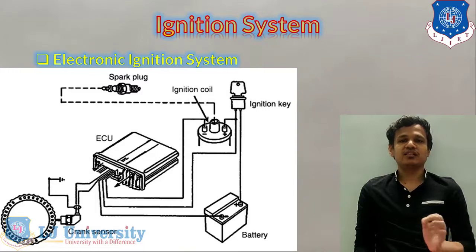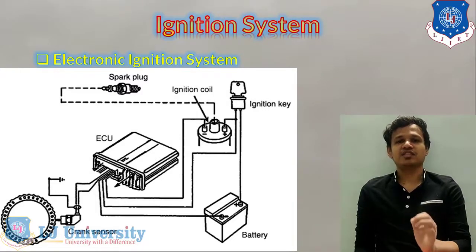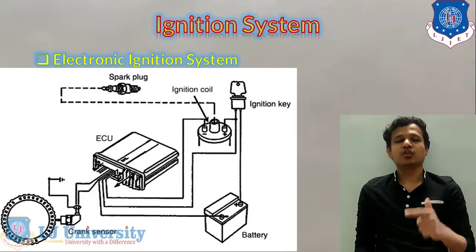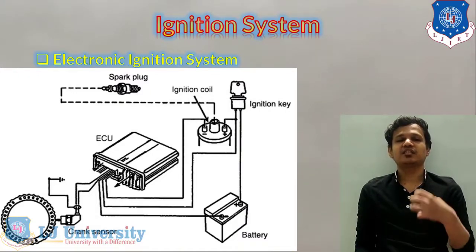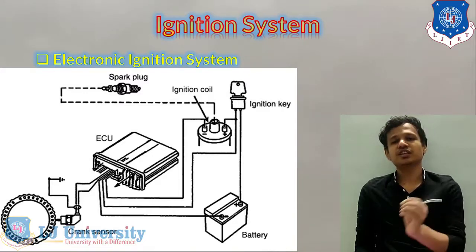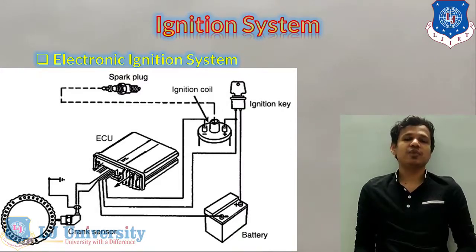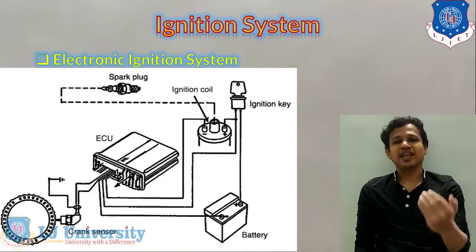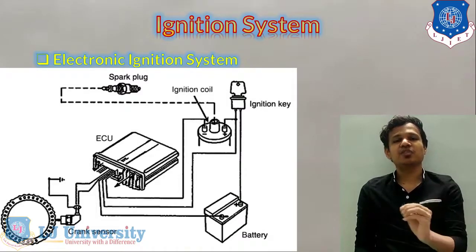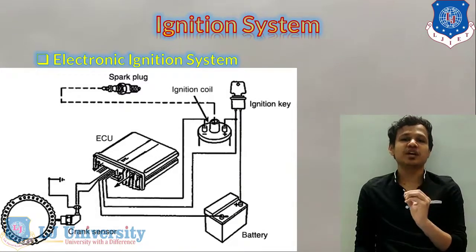The crank sensor is connected with our crank, which is being rotated by the engine. When the crank rotates, the crank sensor gives the feedback to the ECU. The ECU further gives the order to the battery. According to the crank position, the spark will be generated with the help of the same ignition coil arrangement.